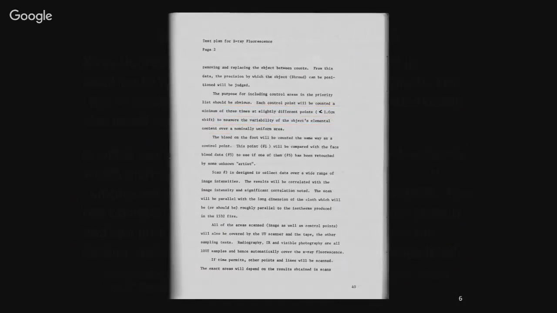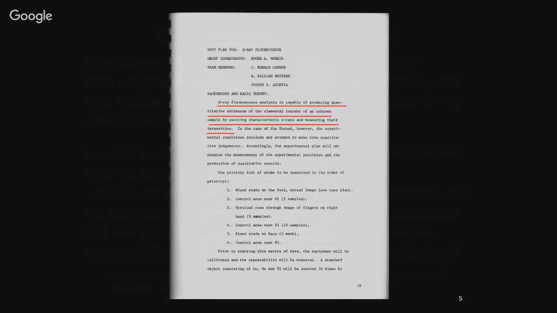Now, one of the things, I'm going to back up for a moment here. Prior to starting this series of data taking, the equipment needed to be calibrated and the repeatability measured. In other words, before we actually tested the shroud, they tested the system to make sure that it was giving us accurate data.